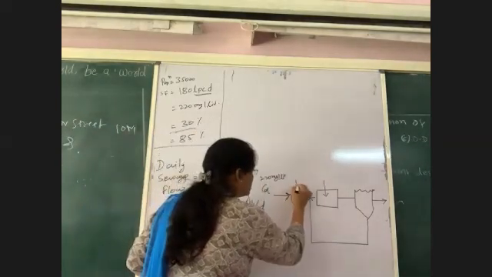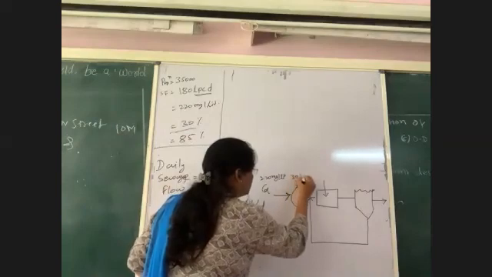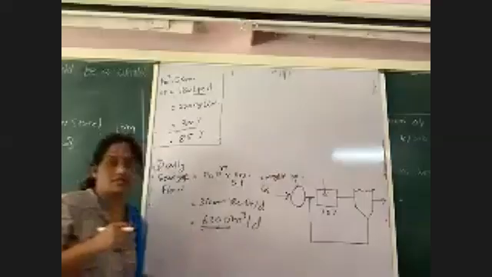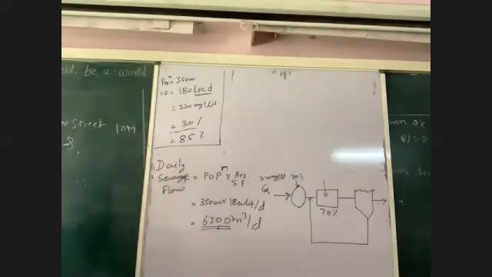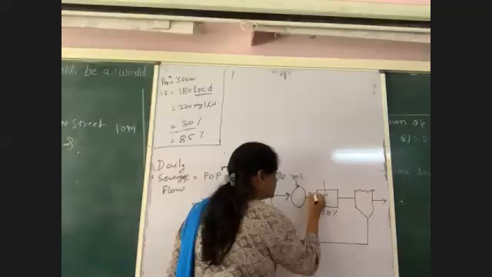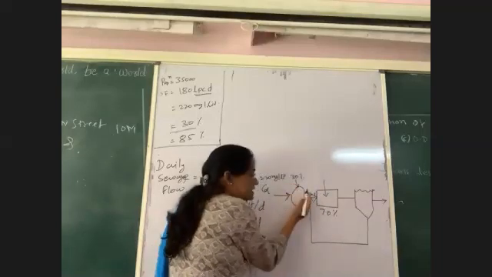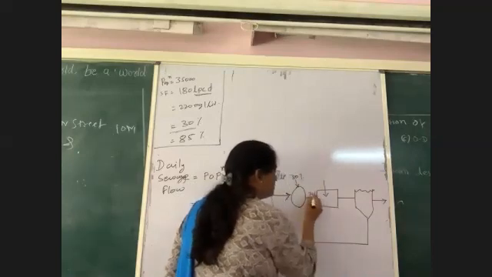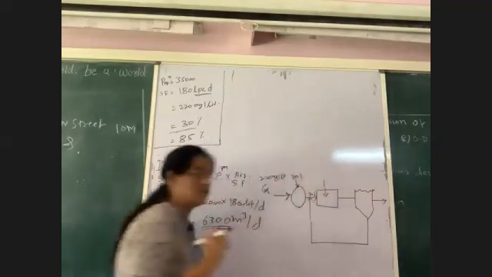This tank is going to remove 30% of BOD, so 70% will be applied to the aeration tank. I should write 70% here because 30% is already removed in the primary settling tank.